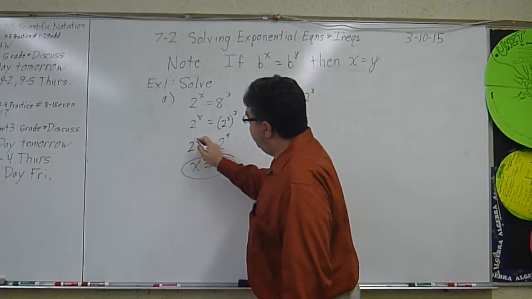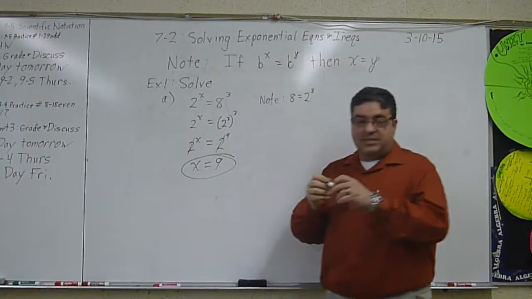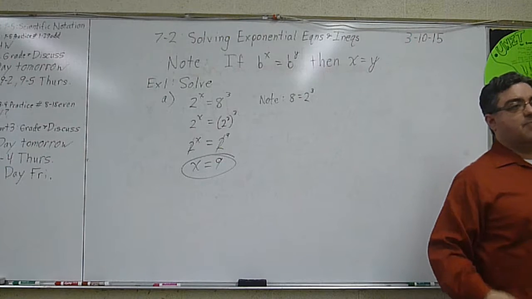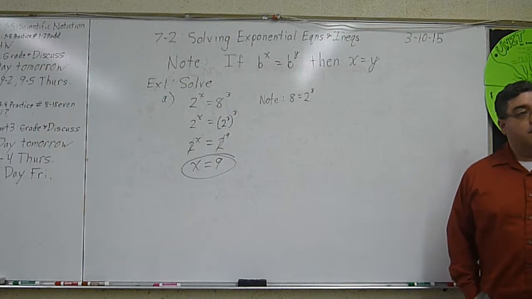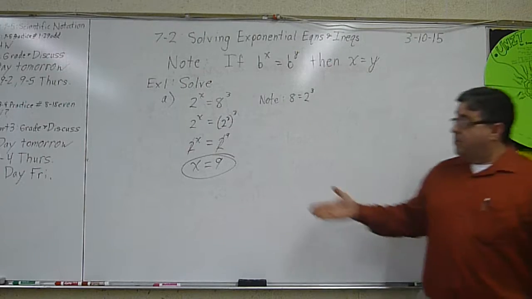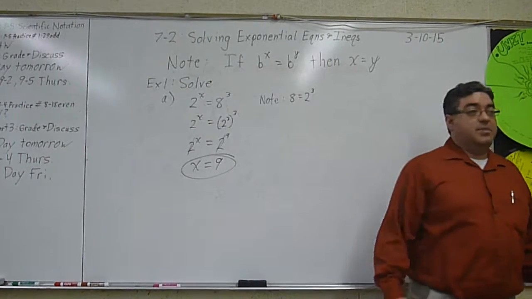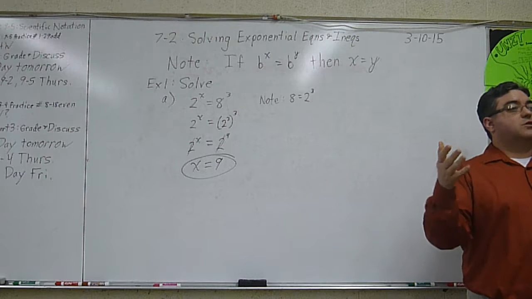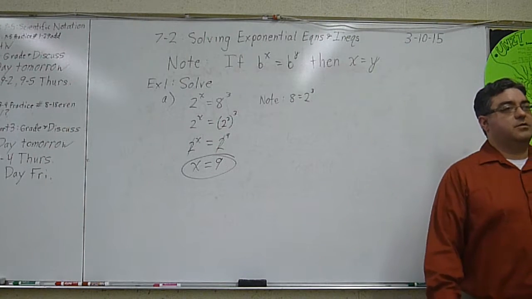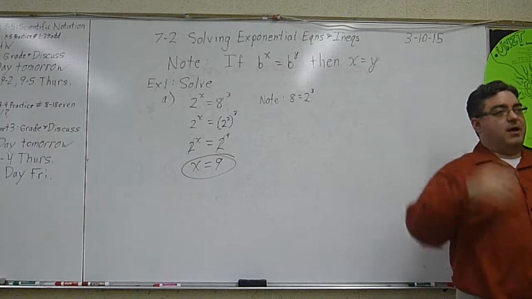You might think of it as left-hand cancellation. That's acceptable to think of it that way. You can just ignore it. It's like they're not there, because now that you've got the same base, the powers must be equal to each other.